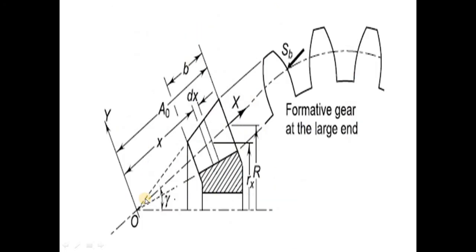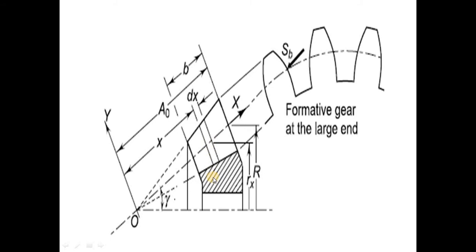How does it come? Because here we consider one triangle. I am tracing this triangle here. From this imaginary triangle, the side is Rx, and when we move to the larger end point we get another triangle. These two triangles have the same angle, the pitch angle, so they are similar triangles, and the ratios of their corresponding sides are also equal. That's why we take these two triangles. This is the first triangle.